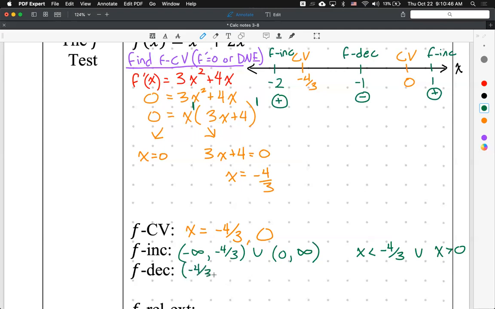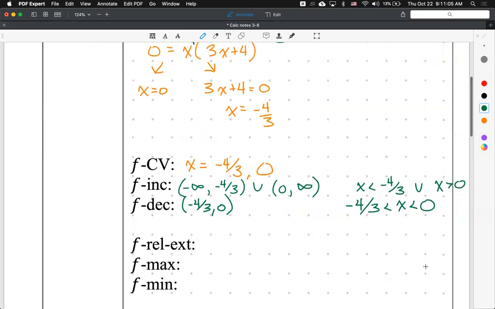Four thirds to 0. And inequality notation as well, please. Less than 0. Perfect. That's the first half of f prime test.